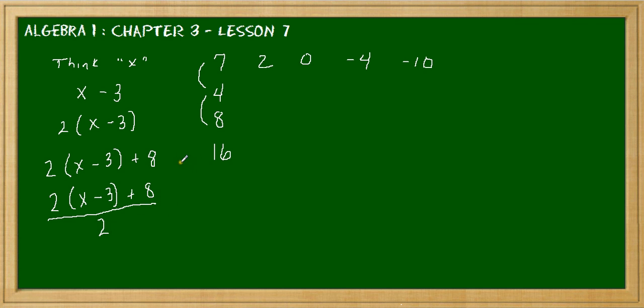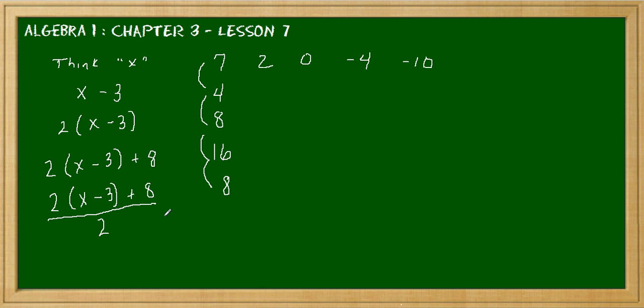Okay, and if we simply took our value from here and we had 16 and we're going to divide that by 2, that would give us an answer of 8. And if we put our number 7 in here, we would actually get the same answer. 7 minus 3 is 4. So you have 2 times 4 is 8. So you have 8 plus 8 is 16 divided by 2 is 8.